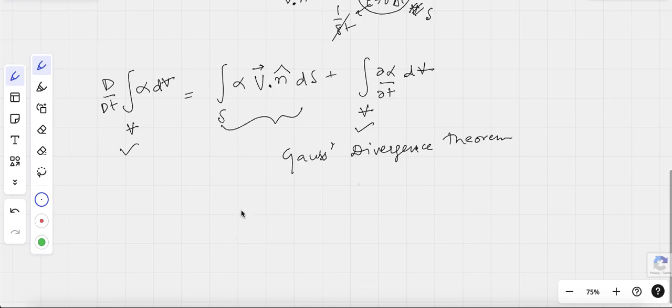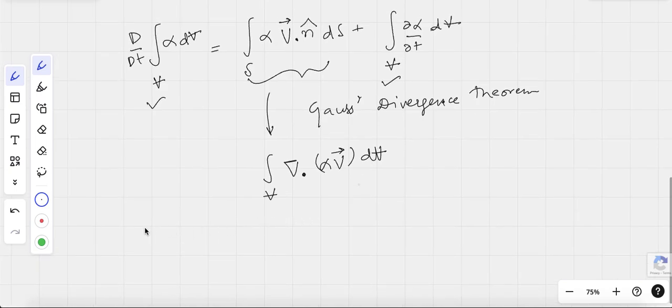So this term will become divergence of alpha v, dV. This is the Gauss's divergence theorem.